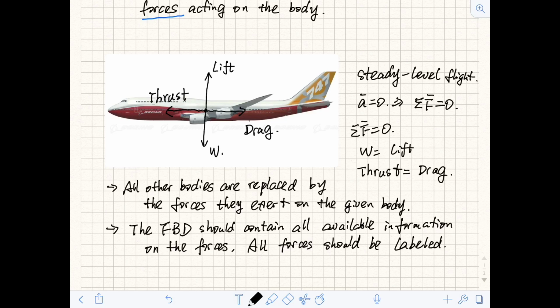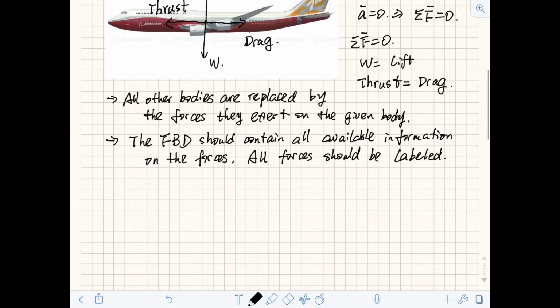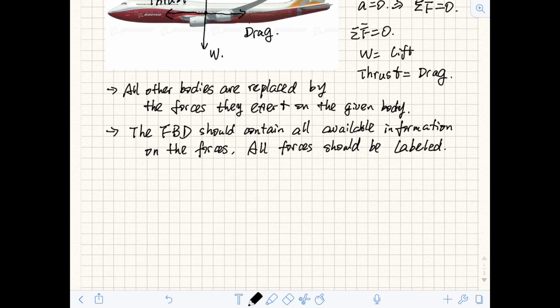Okay. In order to draw free body diagrams, we have to understand forces. As we have talked about earlier, there are mainly two types of forces: contact force and non-contact force.